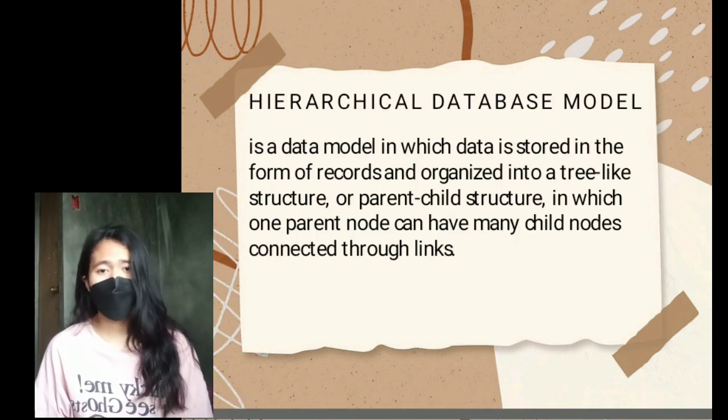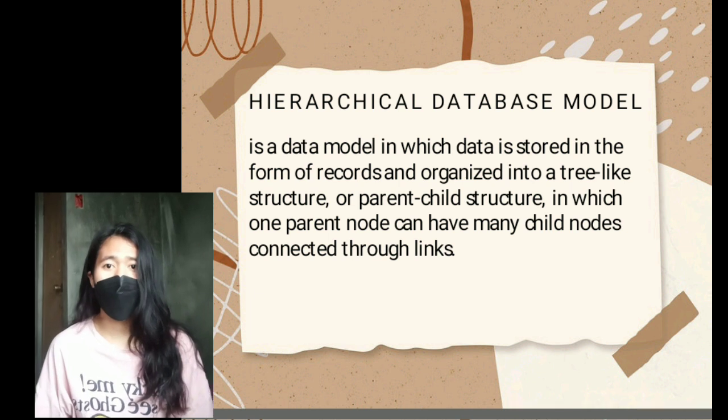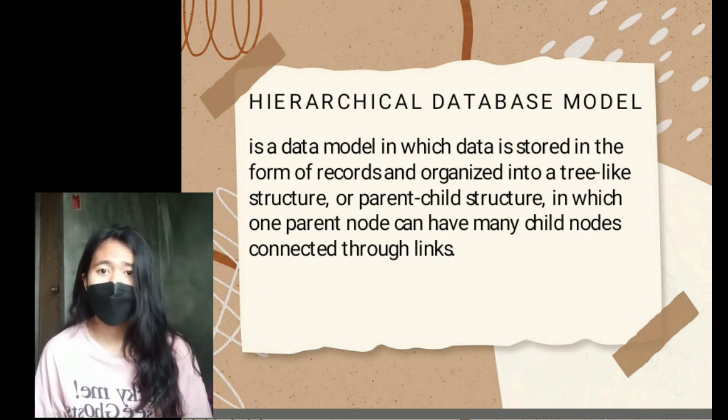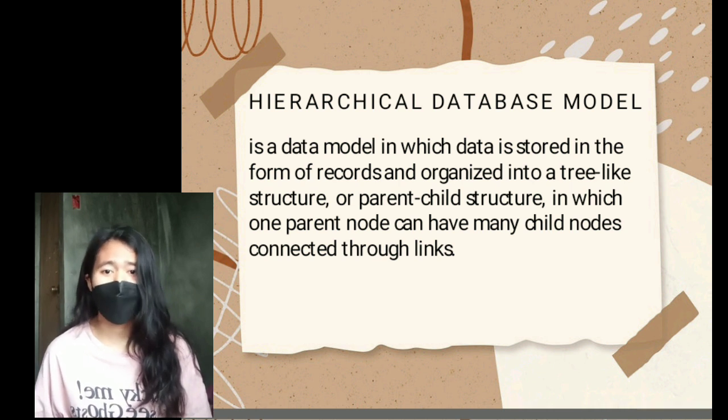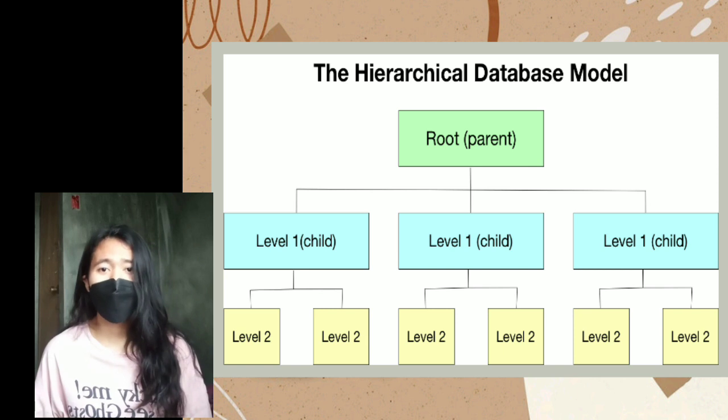This database is stored in the form of records and organized into a tree-like or parent-child structure, in which one parent node can have many nodes connected through links. In the given example, the root is the parent, and this root is linked to the subdirectory branches, which are the child records, which are also linked to other subdirectory branches.